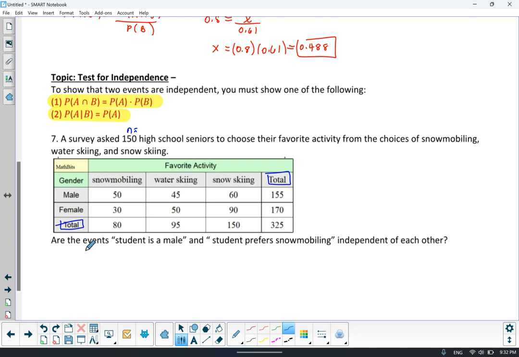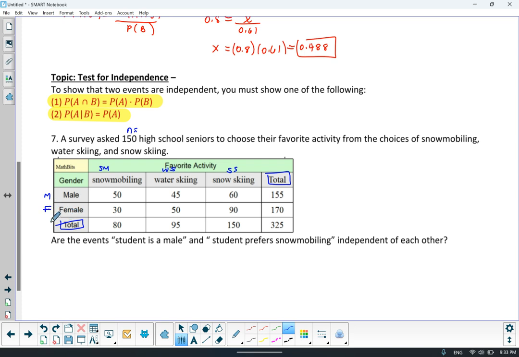Okay, so are the events student is male and student prefers snowmobiling independent? So I'm going to use SM for snowmobiling, WS for water skiing, and SS for snow skiing. M for male and F for female.